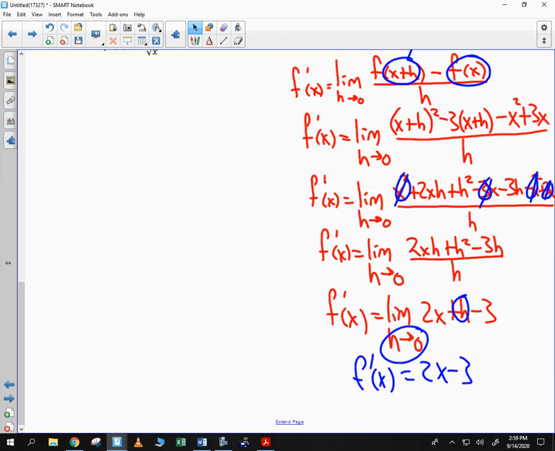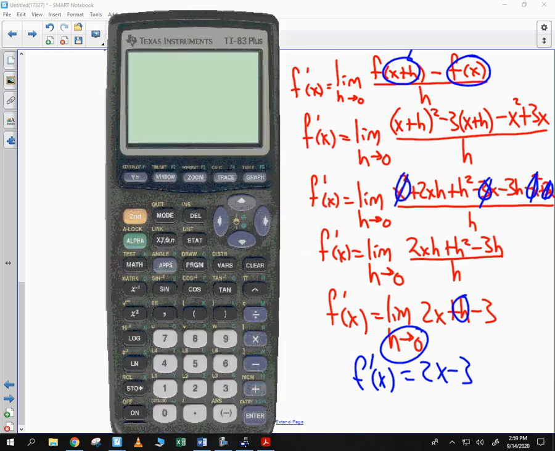Now, this is really interesting because if we look at our calculator, the original function is x squared minus 3x. If we look at the graph, you can see that the function is going down, then it's 0, then it's going up.